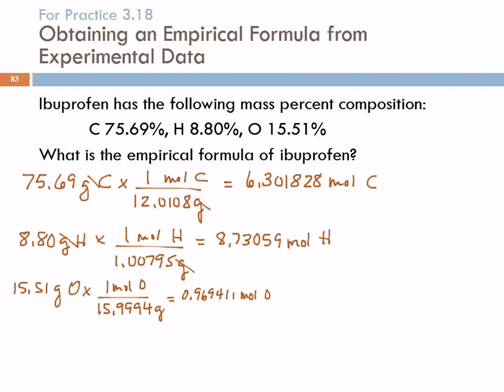I need to take the smallest. So the oxygen is the smallest, and I need to divide all of them by the smallest. So 0.969411. And these problems are more tedious than they are difficult. You kind of end up doing the same thing over and over again.